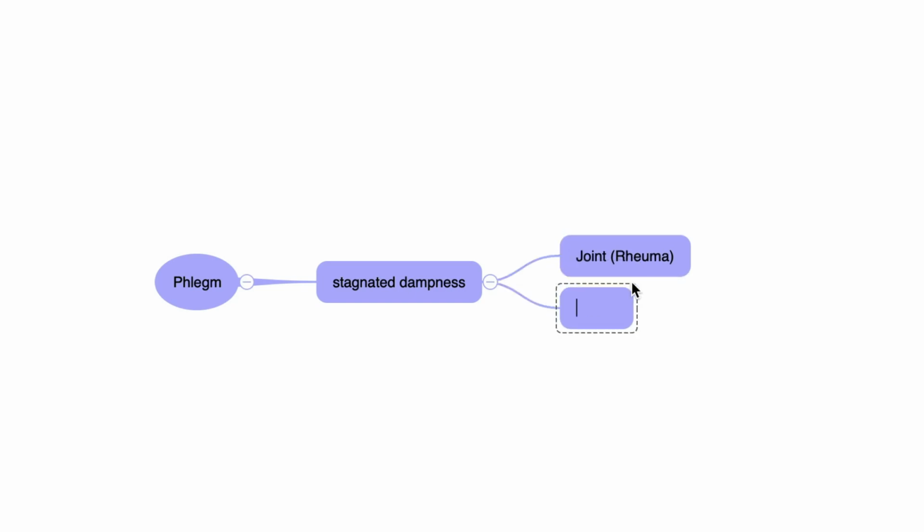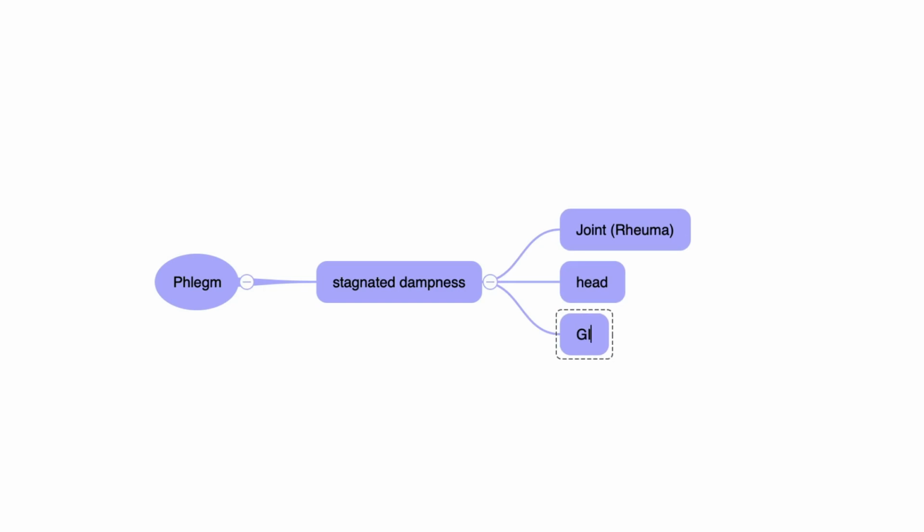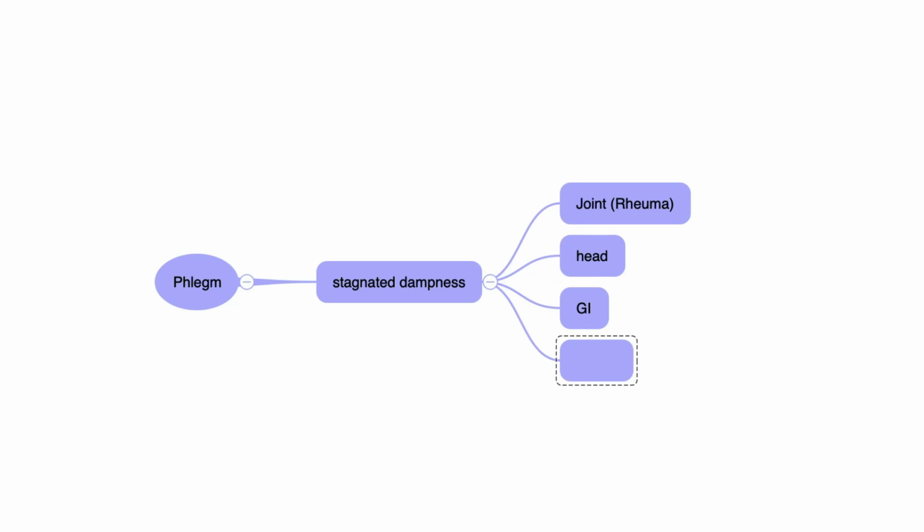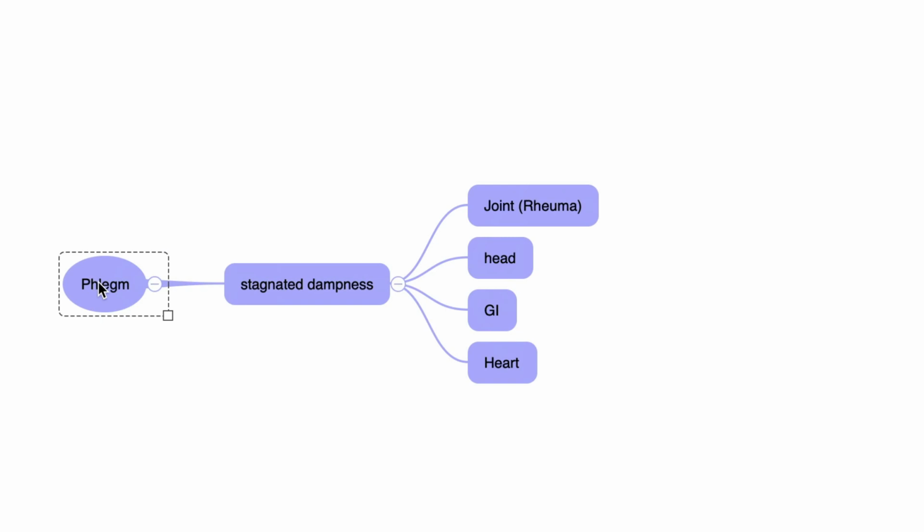And it can affect your head. And it can affect your GI, gastrointestinal system. And it can affect the heart. Actually, it can affect anywhere. So water can be stagnated in any part of your body. So when it invades the joint, it makes pain. Moving around pain. Head, it makes dizziness.